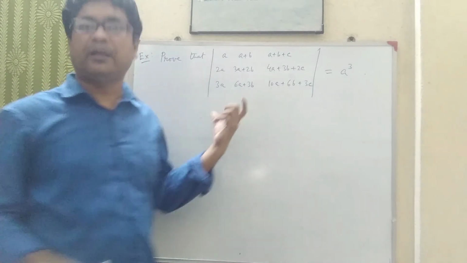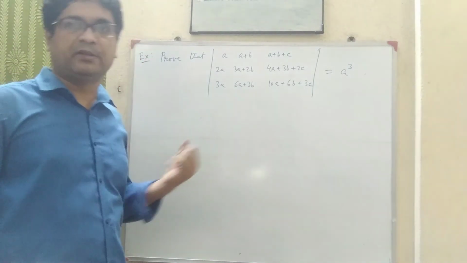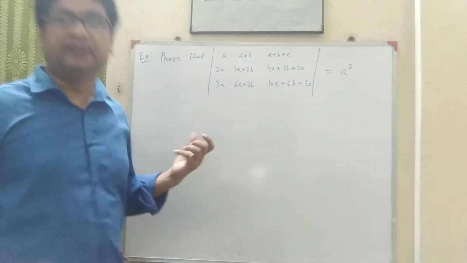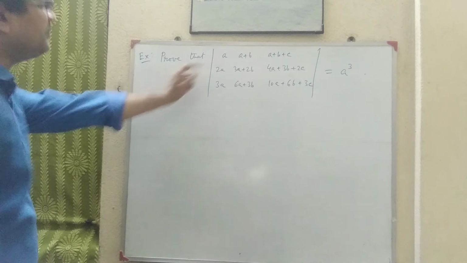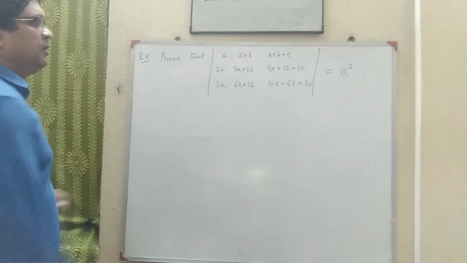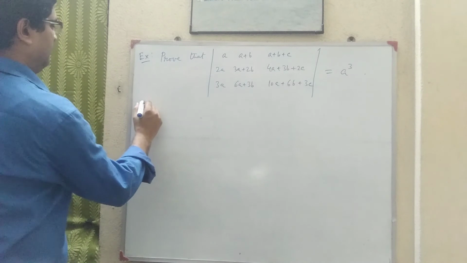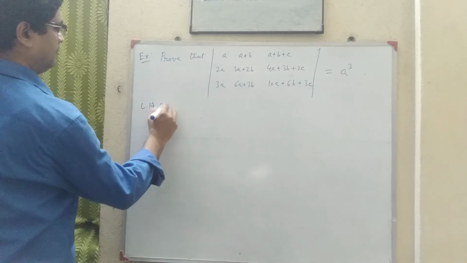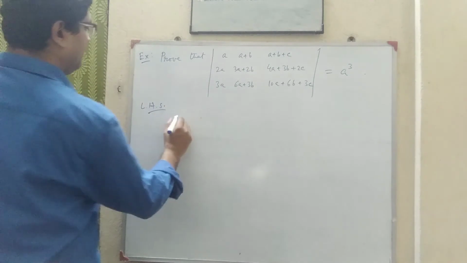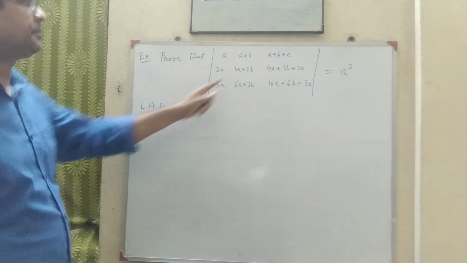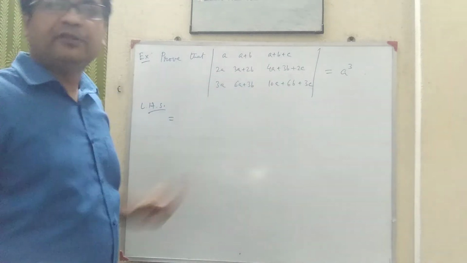All the sums that I am doing now are actually all exam questions, and these came in different years, so these are very important. Okay, so now how to solve this problem? LHS is equal to, you look at the elements of the determinant.